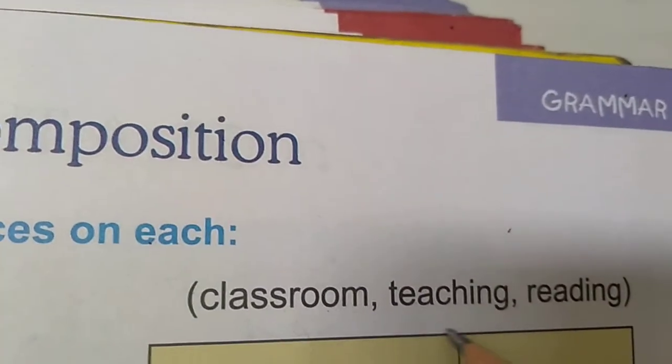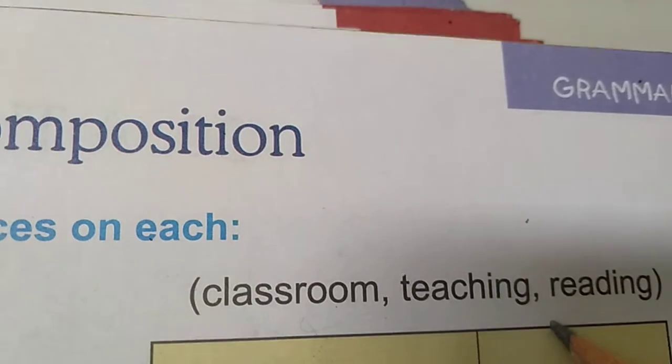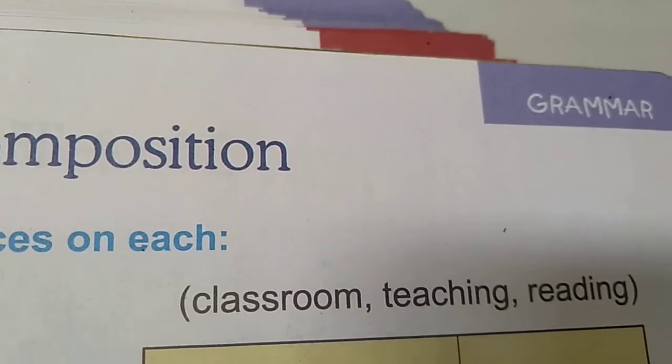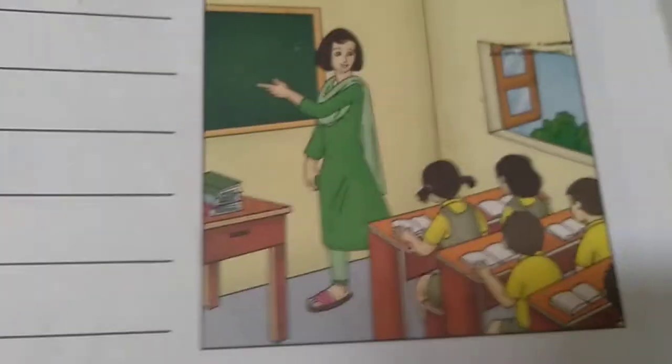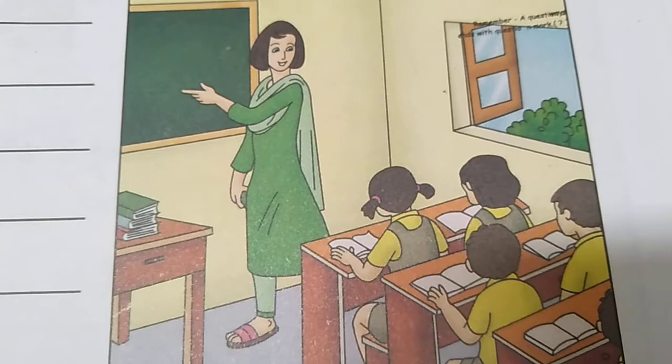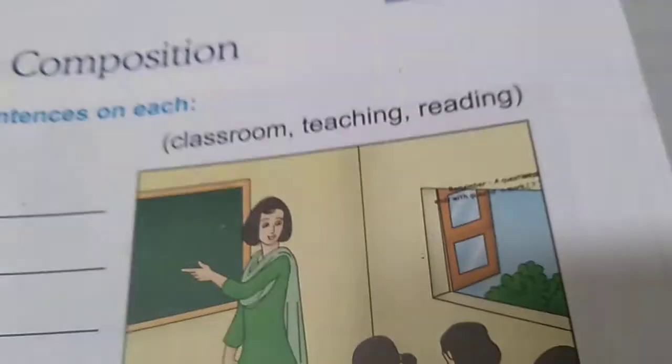We have to take all these 3 words and write 3 sentences about what we can see in the picture given. By using these 3 words and looking at this picture, we have to write 3 sentences. How many sentences, children? 3 sentences.